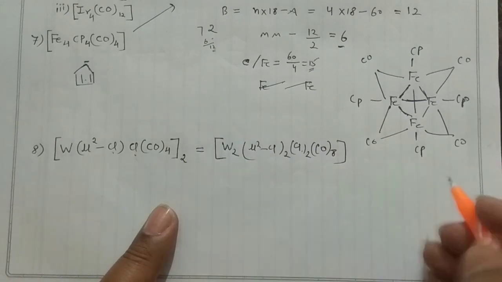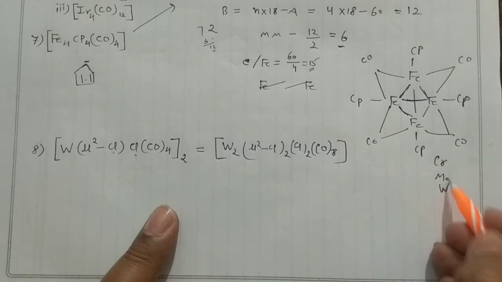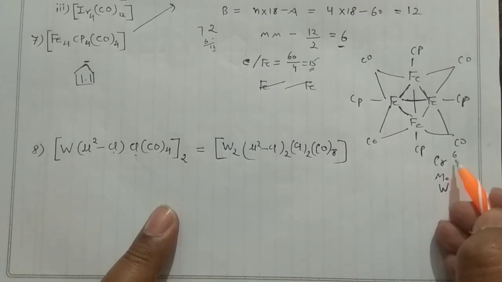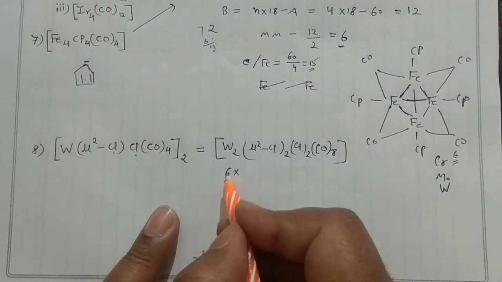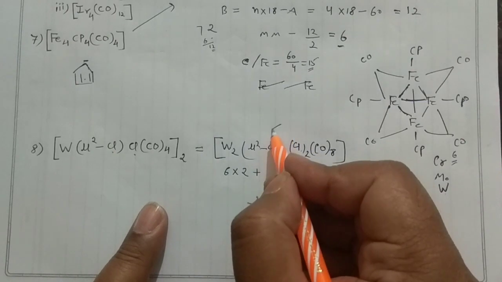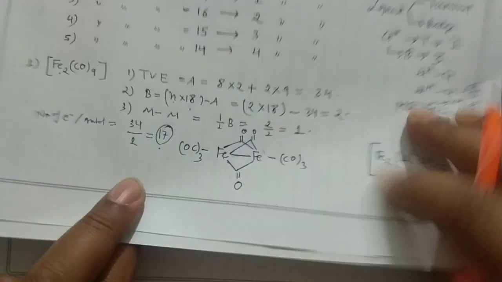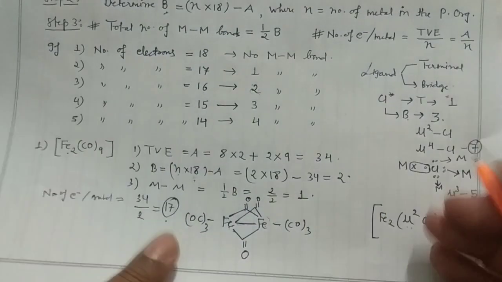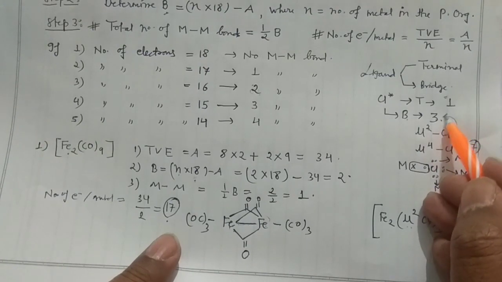Now tungsten is actually the partner of your chromium group, and it will give you 6 electrons. So how many tungsten? 6 electrons, and 2 times they are present. And chlorine, when present as the bridge ligand, this I have told you here actually, when it is forming this mu2-Cl, then it will contribute 3 electrons.